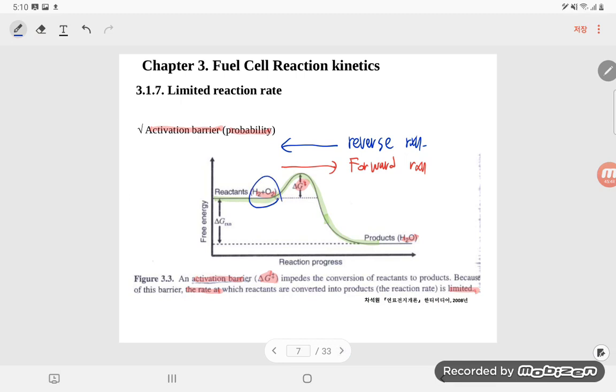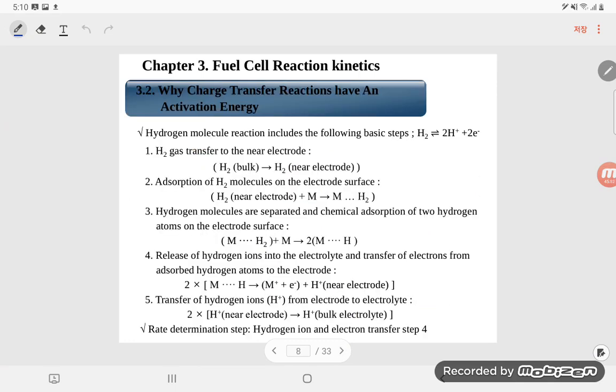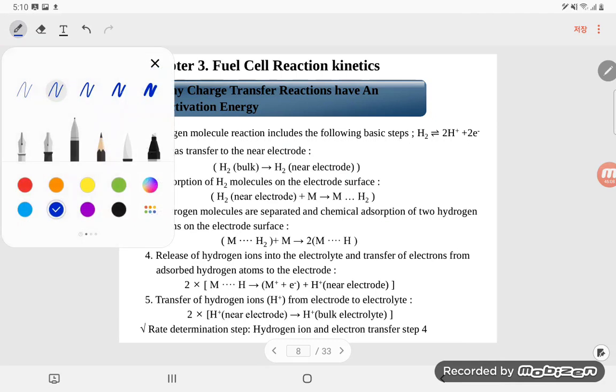Okay, to generate this product from the reactant, there should be each step for this reaction. So step by step, let's check the steps. And why does the charge transfer reaction have an activation energy? Why does this reaction have the activation barrier?